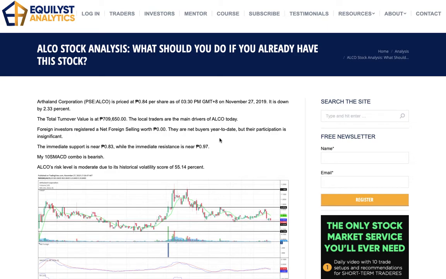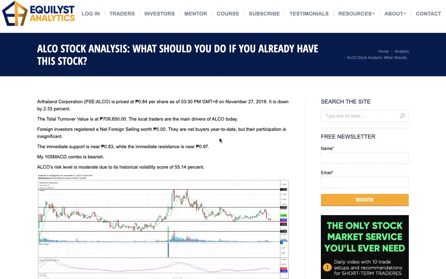Foreign investors did not register a net foreign today, and year to date they are net buyers, but we should not be very clingy with their participation on ALCO because the size of their participation is not that significant. The immediate support is at 0.83 while the immediate resistance is pegged at 0.97.